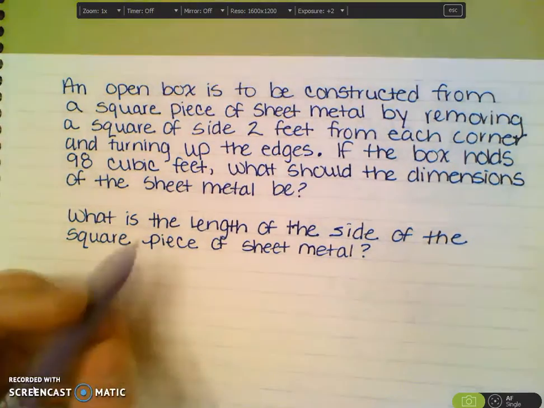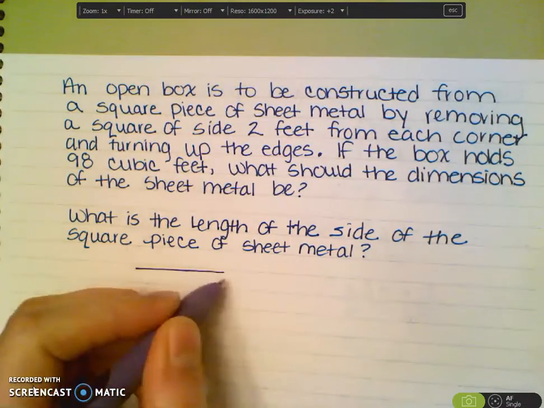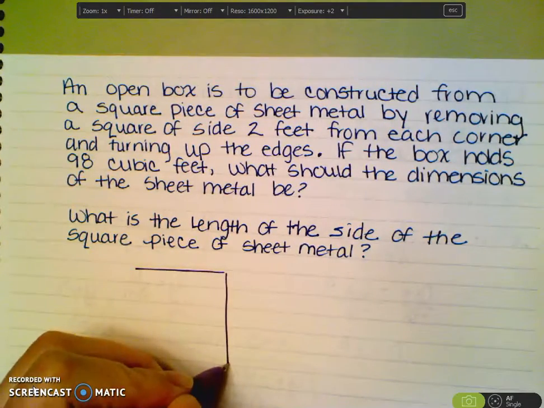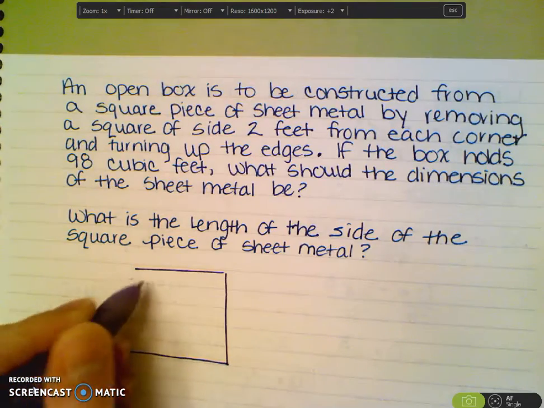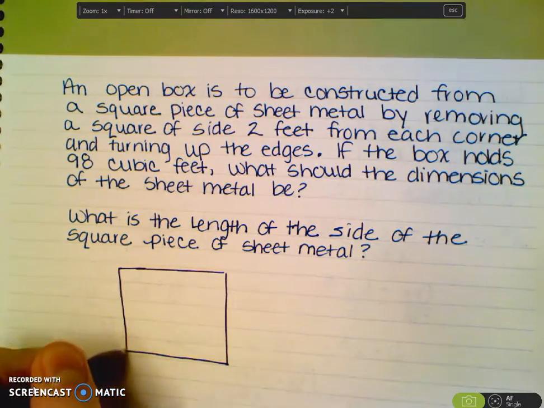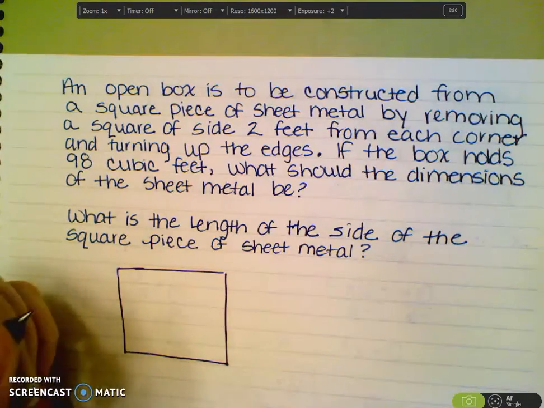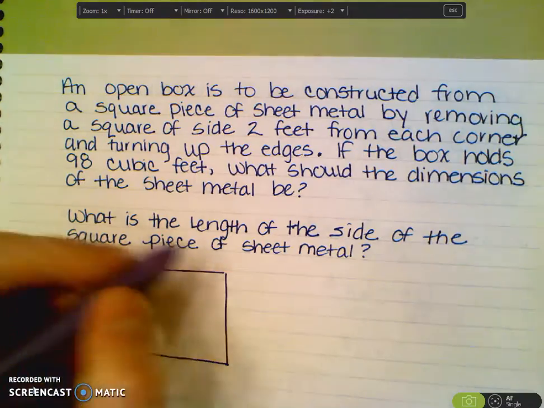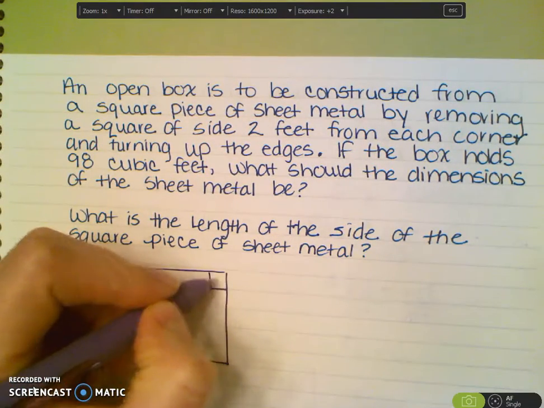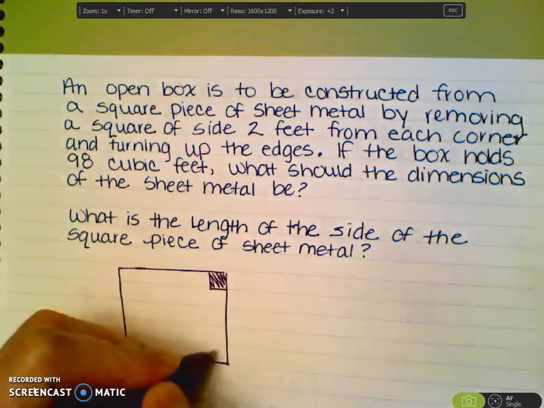So I'm going to start by drawing what I see here. I see that I have a piece of sheet metal. That's one of the things I'm told. Then it is said that they cut a piece from each corner.